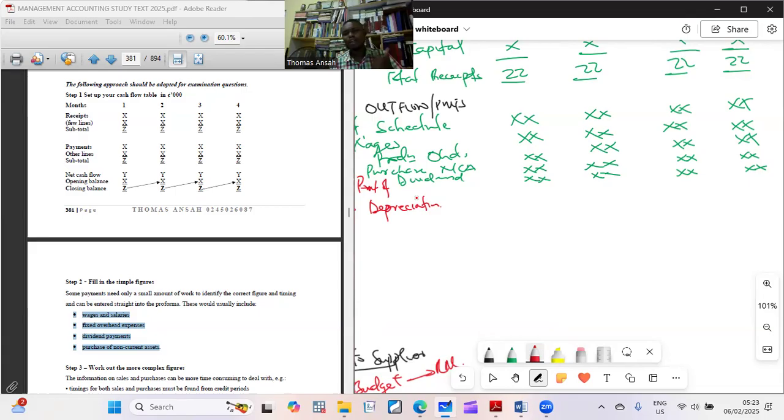So normally, when a depreciation is deducted, in accounting, depreciation is an expense. Depreciation is an expense. All right. So take note of that.